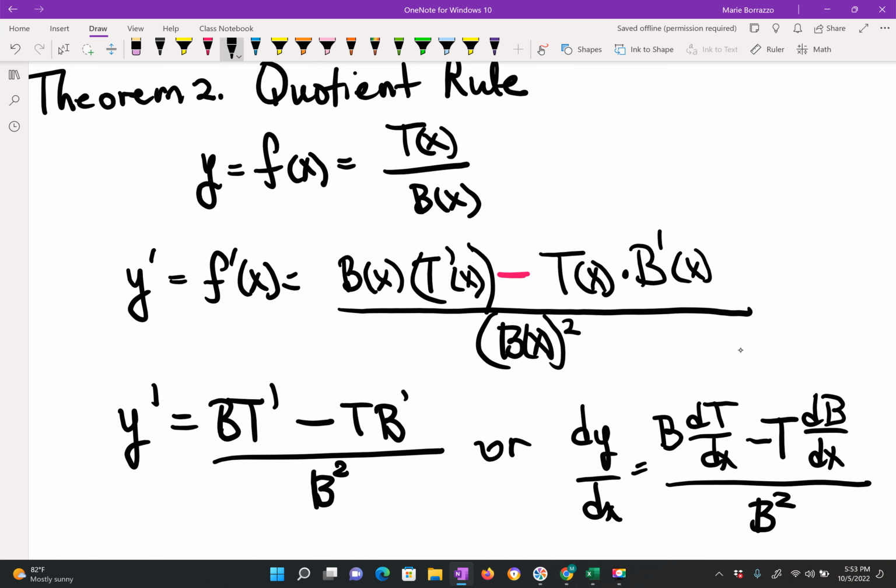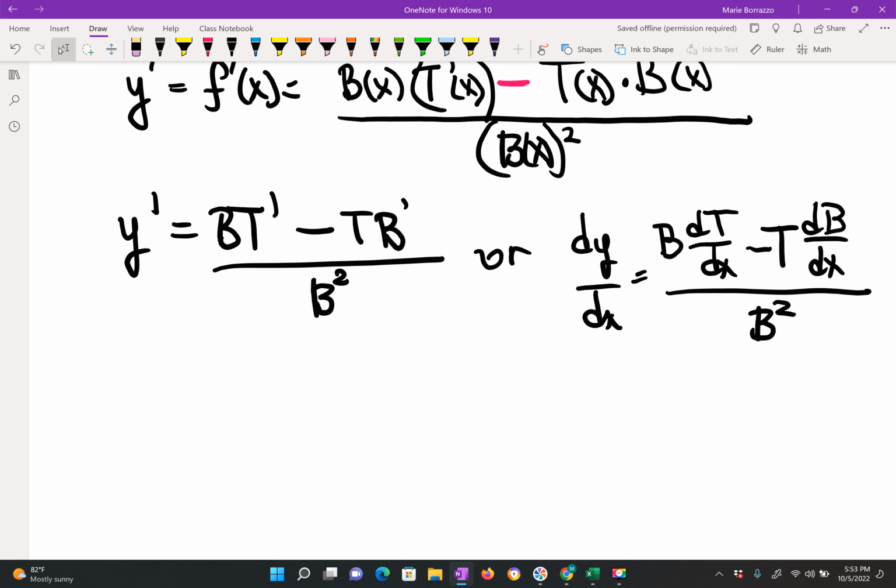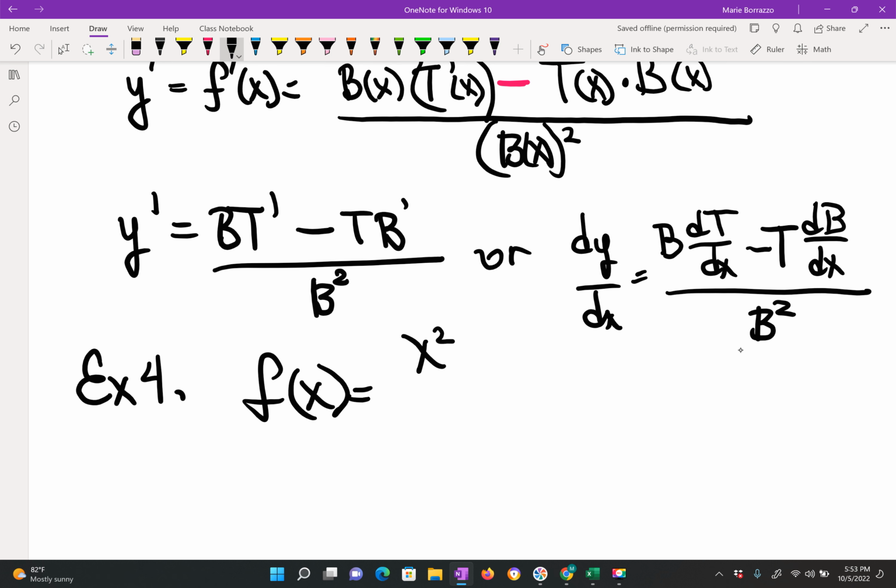All right, so this is the question I'm going to throw your way. We'll call this example 4. In example 4, they're asking us to find the first derivative given f of x is equal to x squared over 2x minus 1, and you don't have to factor the square of the denominator for now.